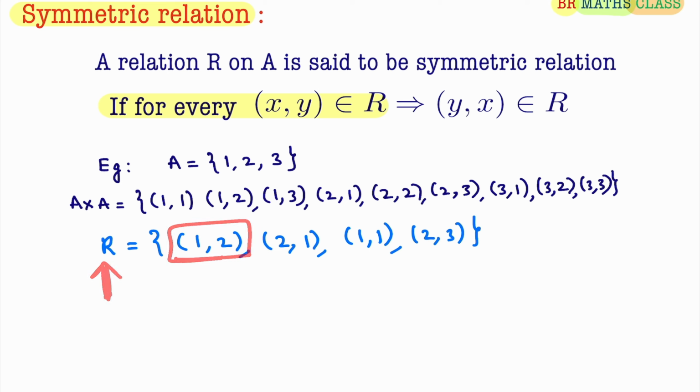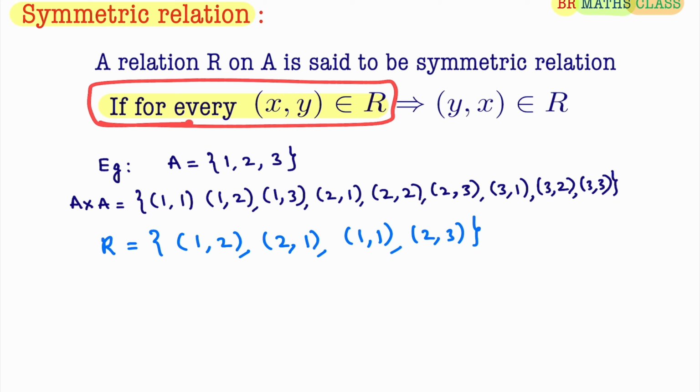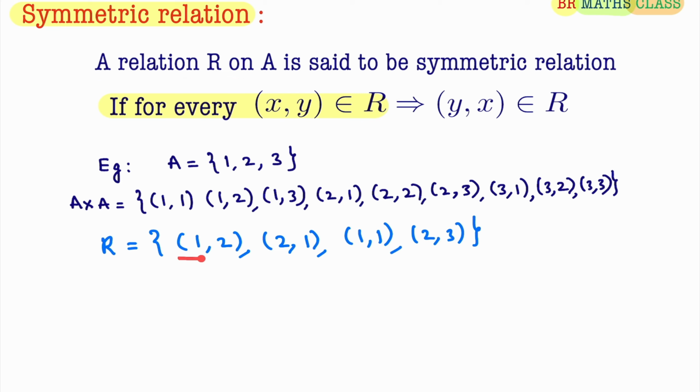As (2, 1) is present, from this you cannot say that it is symmetric. Why? Because you need to check like that for every ordered pair in the relation. Actually, what happened? This element passed the symmetric test. For (1, 2), (2, 1) exists in this relation. This element passed the symmetric test.